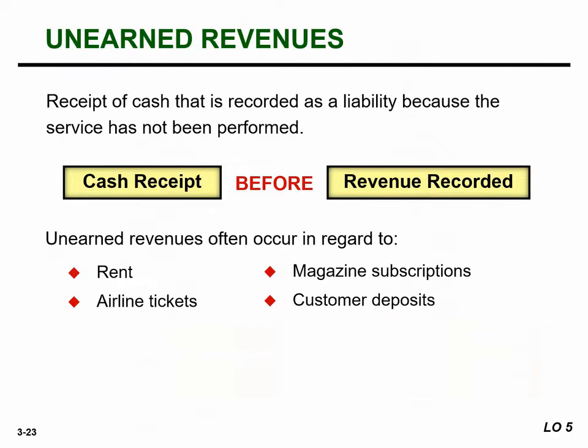Usually we will have unearned revenues whenever we receive payment from a client. For example, we are renting one of our offices or one building that belongs to us, we're renting it to the customer.